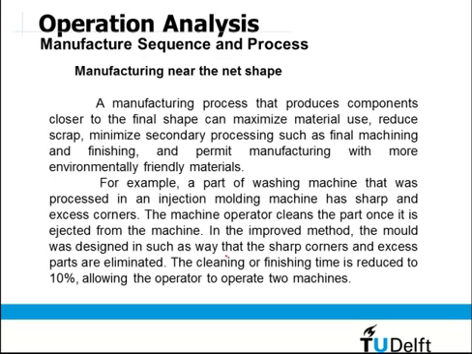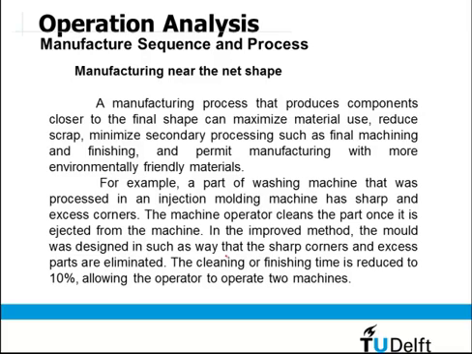Manufacturing near the net shape. We have to concentrate and focus on the net shape. What's the final shape? We have to use the raw materials near, more closer to the final shape.